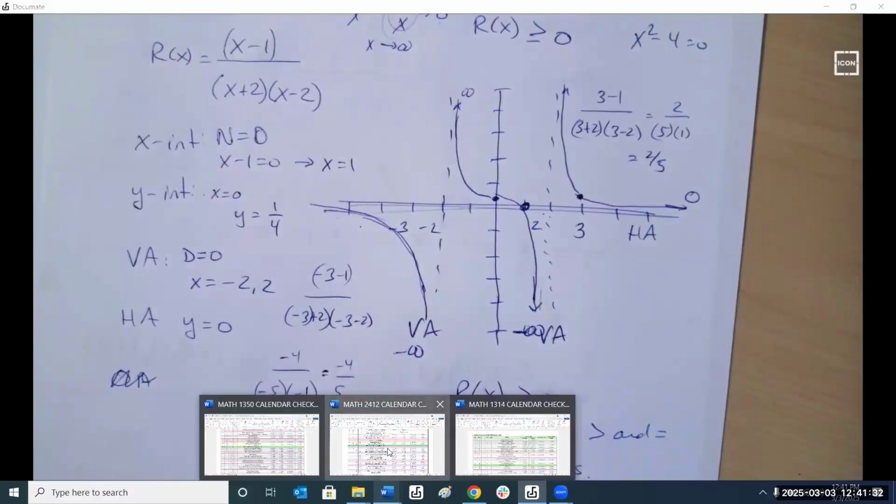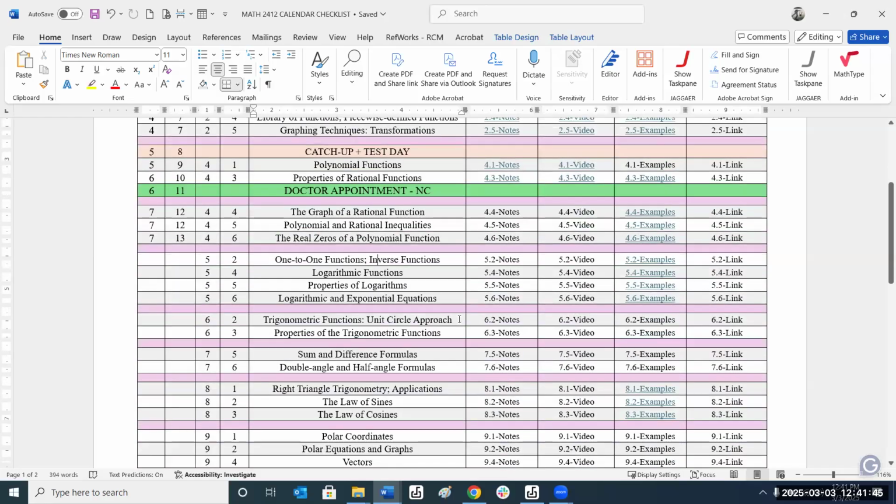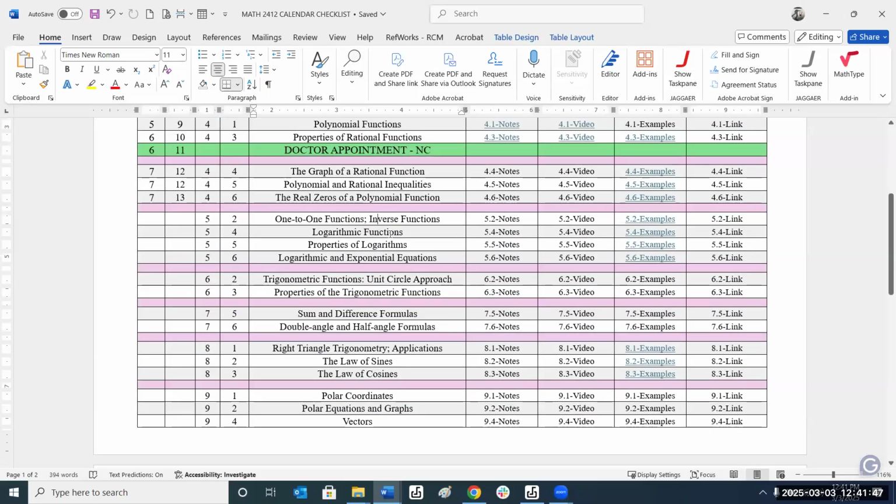Let's see where we are now. We just did both of these. We have real zeros, and then we'll talk about one-to-one functions. We're moving along at a pretty good pace, because we'll finish this next class. We'll do logarithms after the break, and then we jump into trigonometry.